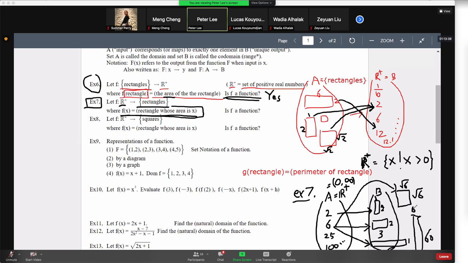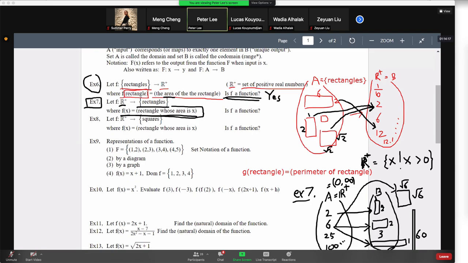Let me draw this rectangle right here, a real skinny rectangle where this side is 60 and the short side is 0.1. What is the area of this skinny rectangle?